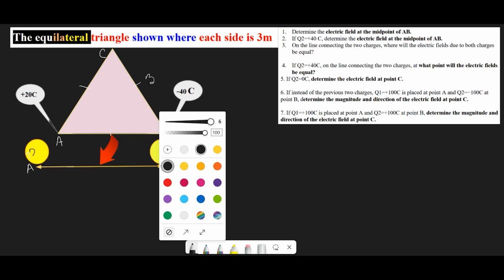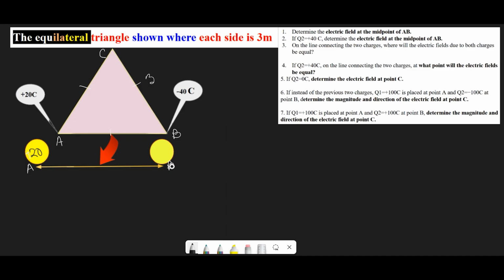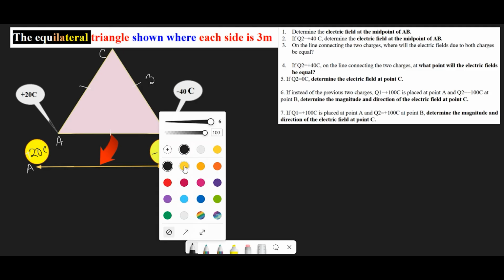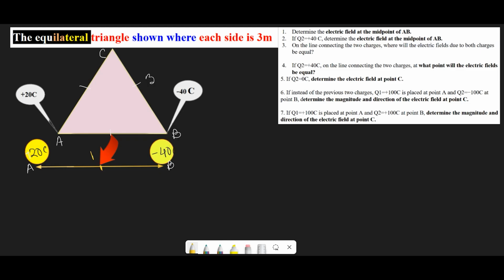So this is 20 and this is minus 40 coulomb. So this is the midpoint. At this point, a point P we have considered.